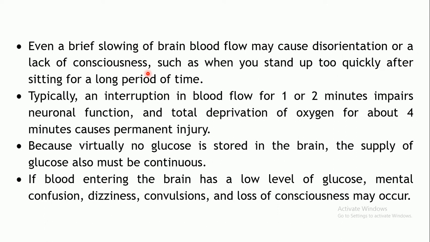So if the blood flowing towards your brain is obstructed for some reason, even for a brief period of time, say for example, if you are sitting for a long period of time and you stand up too quickly, you will feel disoriented. Your body equilibrium may get disturbed. Consciousness may get slightly altered.